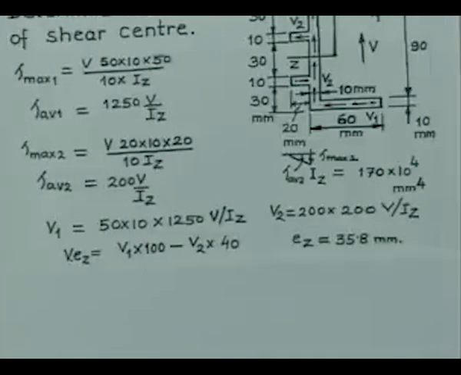So, this is how you can find out in a little simpler fashion the shear center. Now, once again I want to reinforce the point that the shear center is a very special location of the cross section, and that point must be noted while trying to consider the loading in bending of the beam.